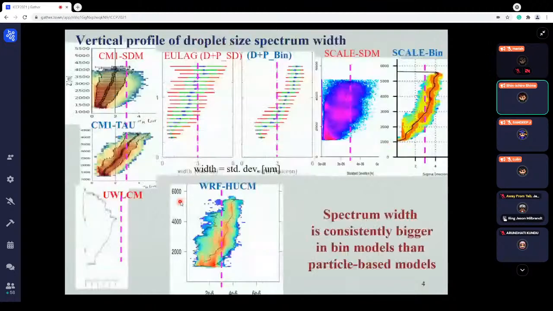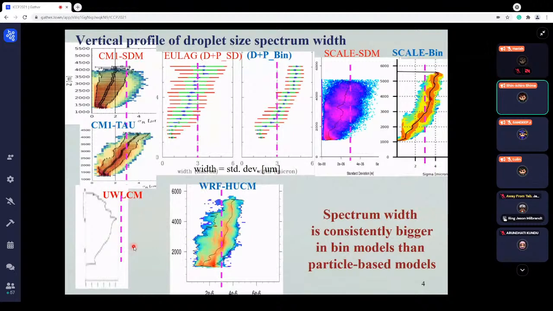And this is, I think, the highlight of this study. We compared the vertical profile of the droplet size spectrum width. And here we found that the spectrum width is consistently bigger in bin models than in particle-based models.